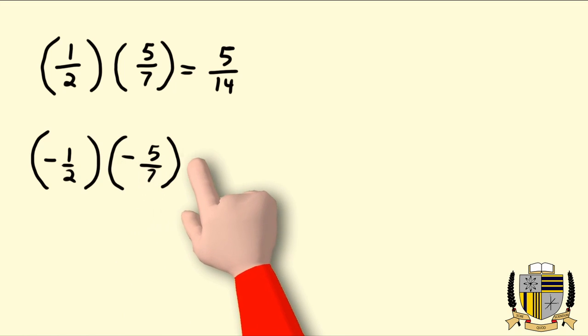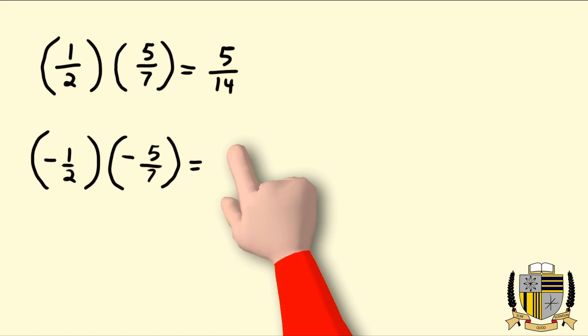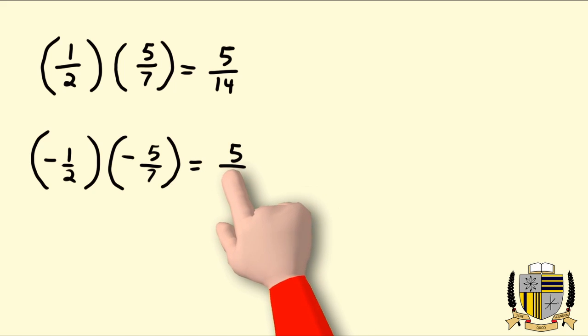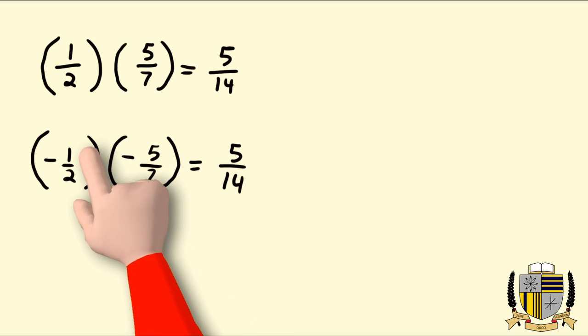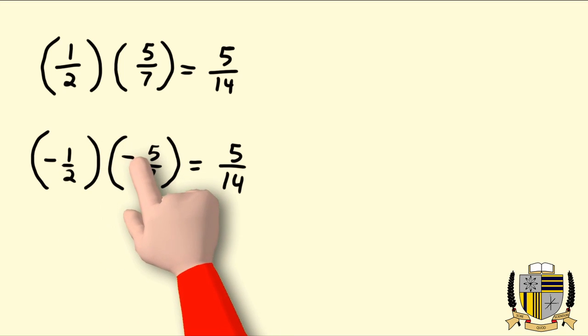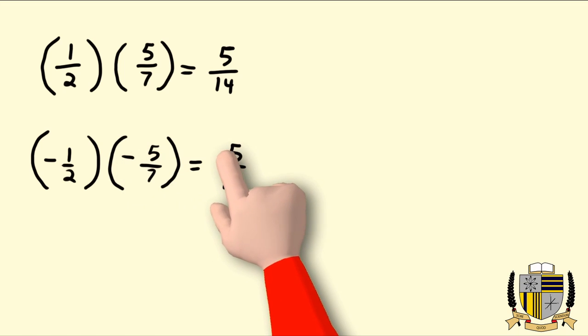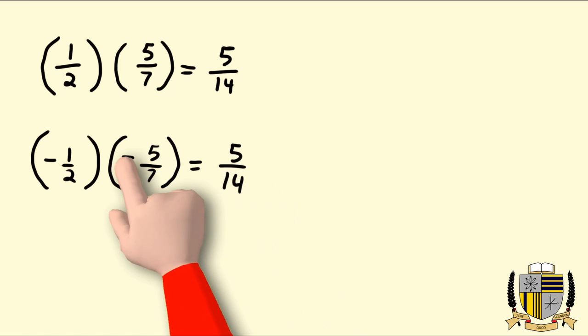So by looking at this, I can clearly see, it's going to be this, right? You just multiply straight across, and the multiplication of the same sign is going to be positive. Remember, the multiplication of the same sign is positive. Although both signs are negative, your answer is going to be positive.